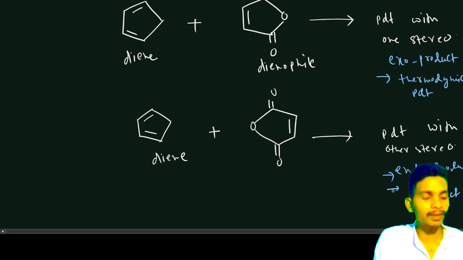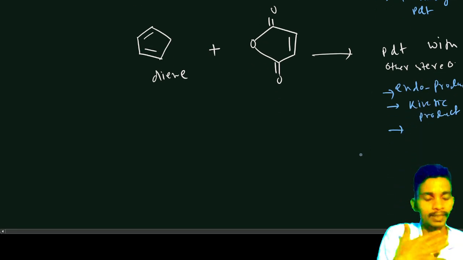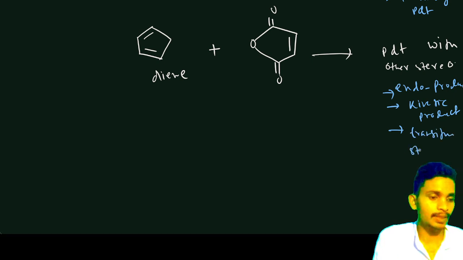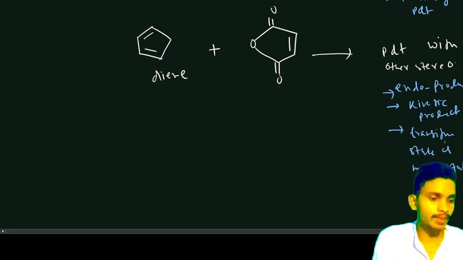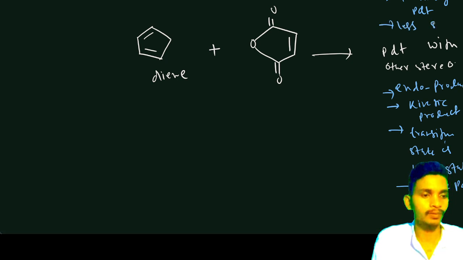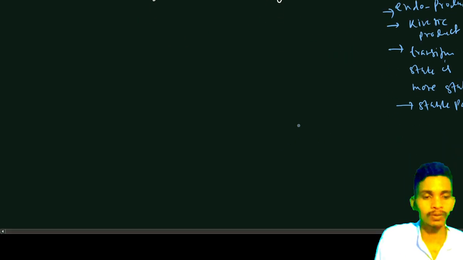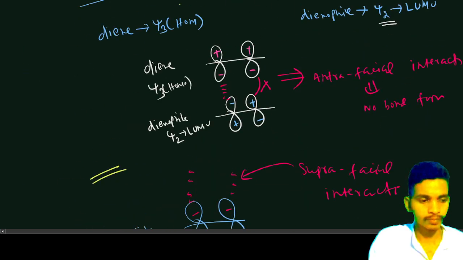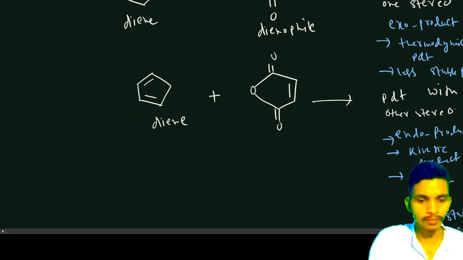For the kinetic product, the transition state is more stable, while this is the stable product and this is the less stable product.